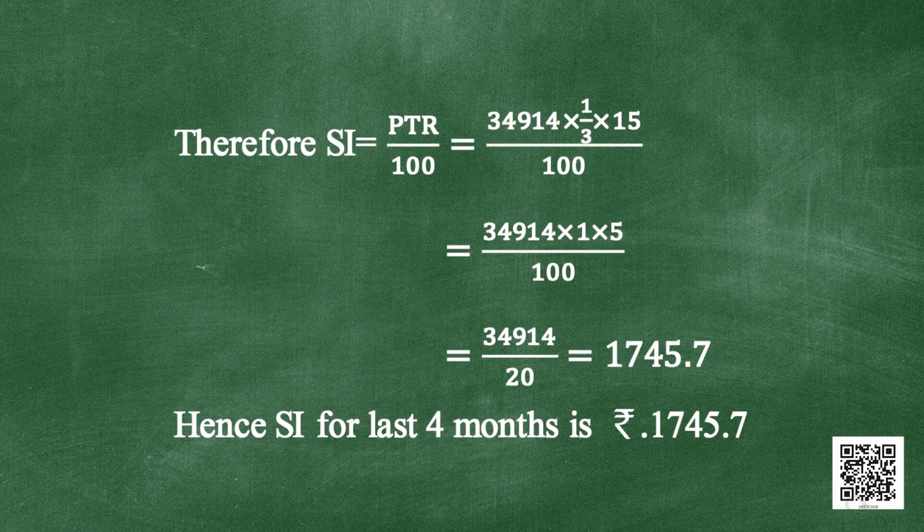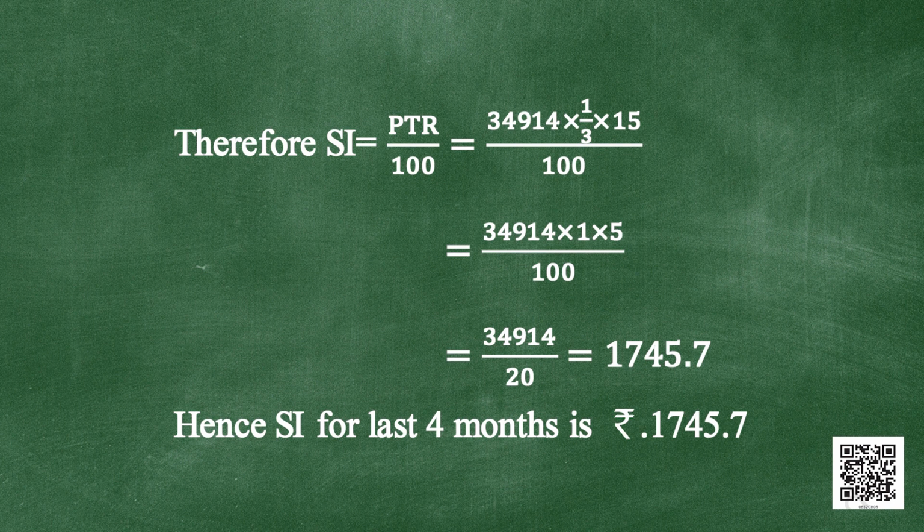Therefore, simple interest is equal to, by the formula PTR by 100, where the principal is 34,914 times the time period, 1 over 3 year, times the rate of interest, 15%, divided by 100. So, that is equal to 34,914 times 1 times 5 divided by 100.